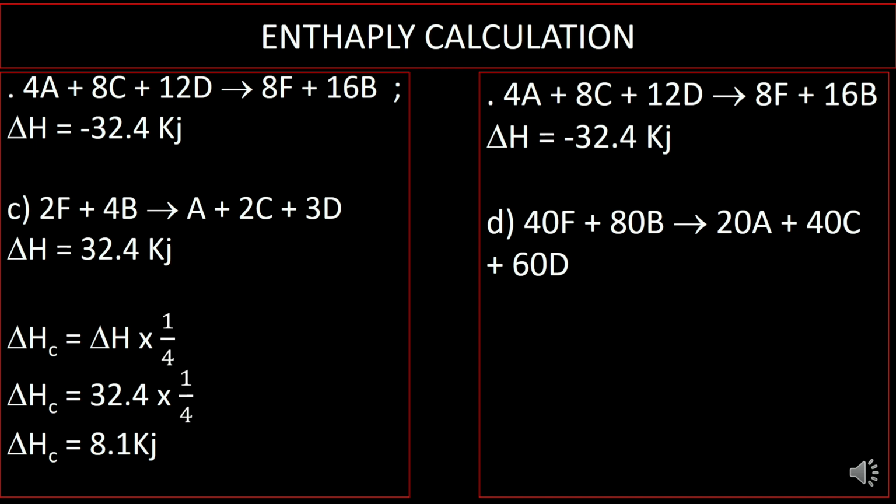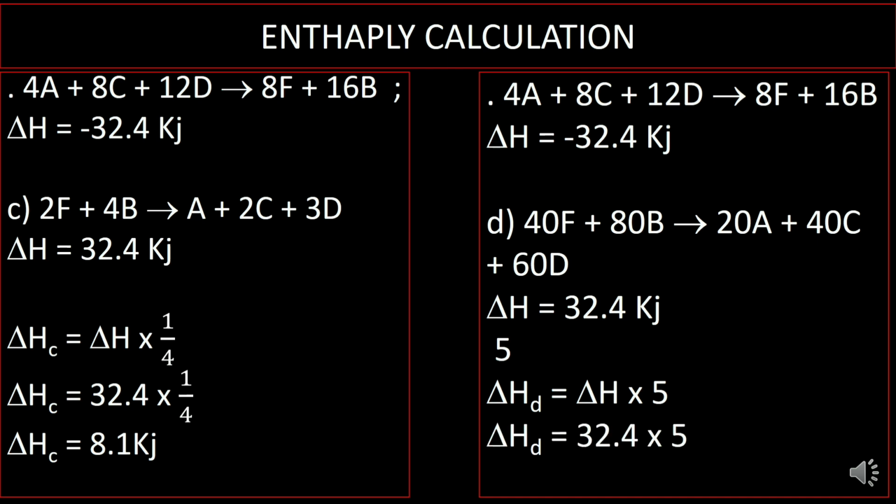If you multiply the reverse of the general expression by 5, you're going to get what is here. So the enthalpy change for question D is the change in enthalpy times 5. That is 32.4 times 5. That is going to give us what?